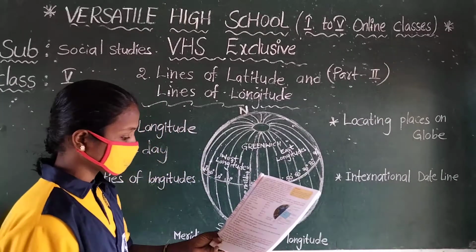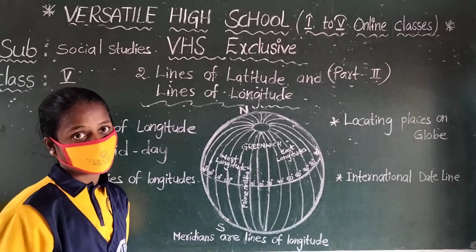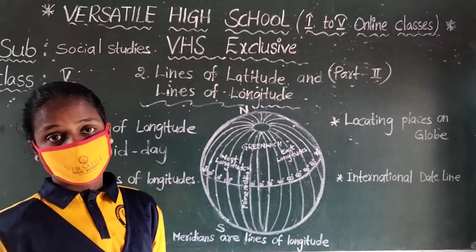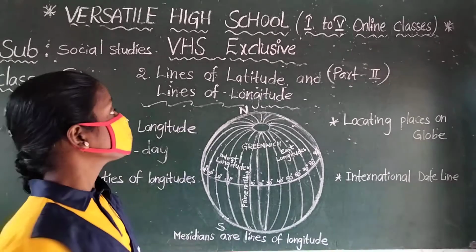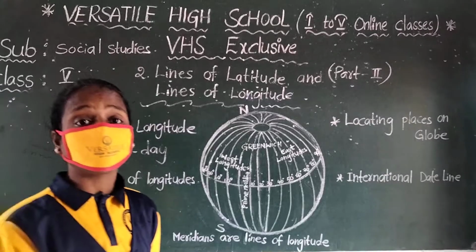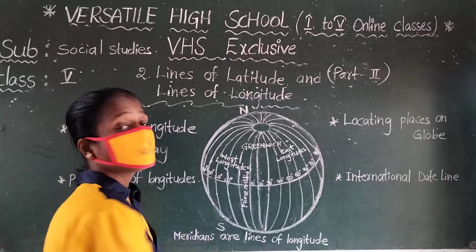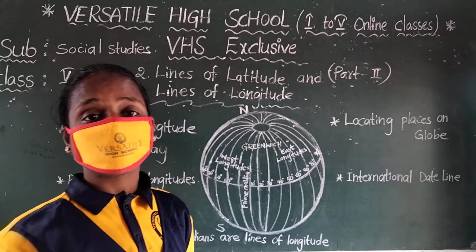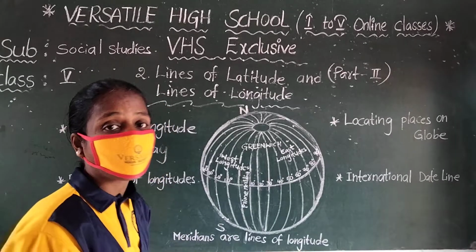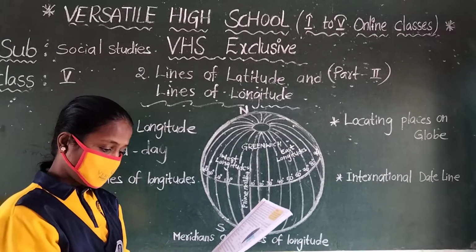This is also called the Greenwich meridian. Where is Greenwich? It is in London. So it is called the Greenwich meridian.